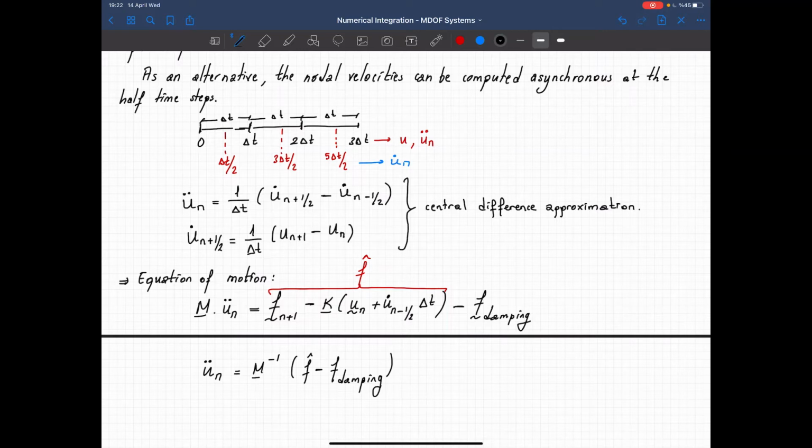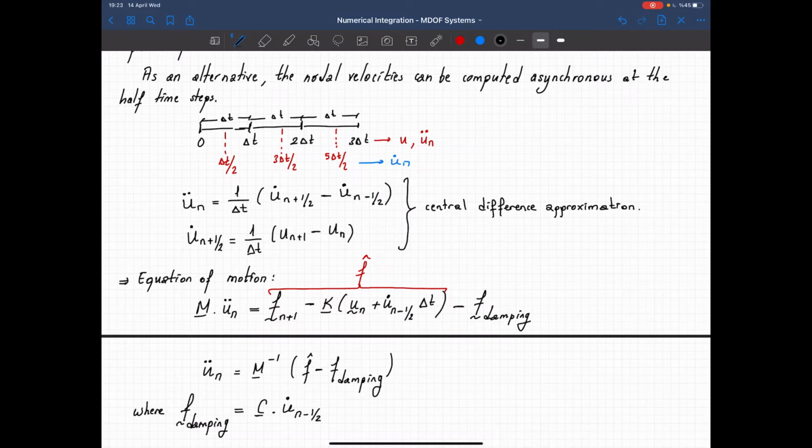And in that equation, the damping force can be calculated as the damping matrix multiplied by u dot at n minus 1/2. So that's it.